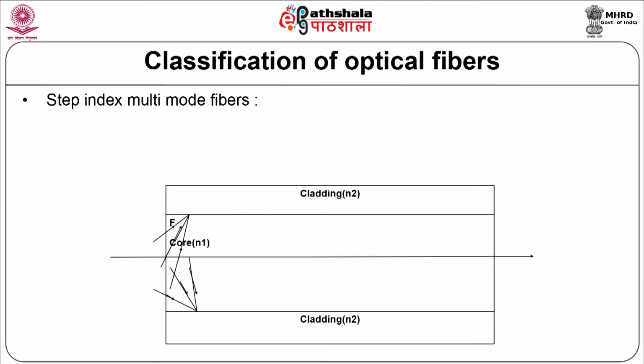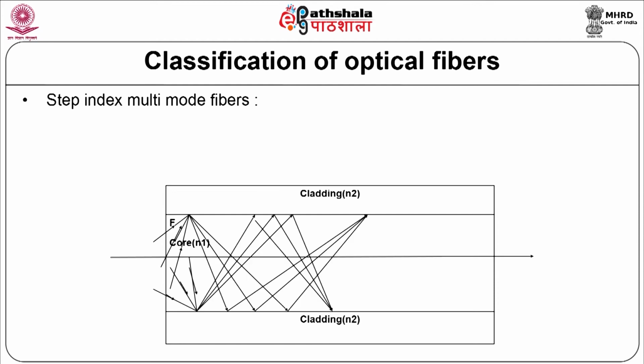So if you see the step index multi-mode fiber, there is a step change with a larger core diameter. A step change in the refractive index is observed. So you can see a number of rays which are being transmitted through the optical fiber.